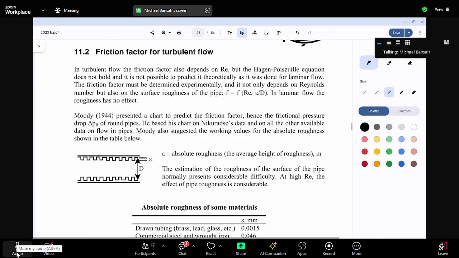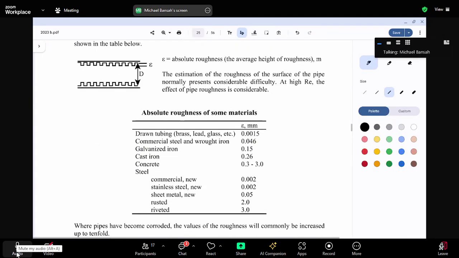So let's continue. The relative roughness can be calculated knowing the absolute roughness. The next time we meet, we'll take a question. But before that, I'll give you those questions so that you go and try your hands on, even before we meet, so that it will be faster.